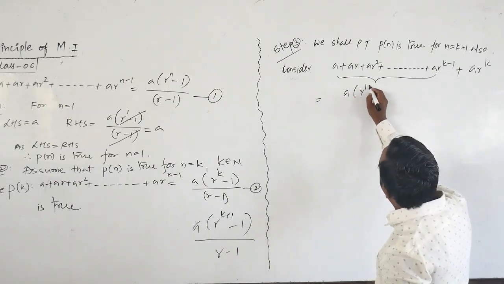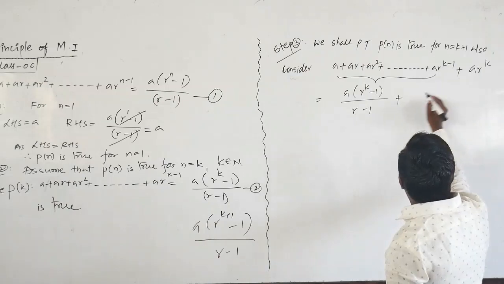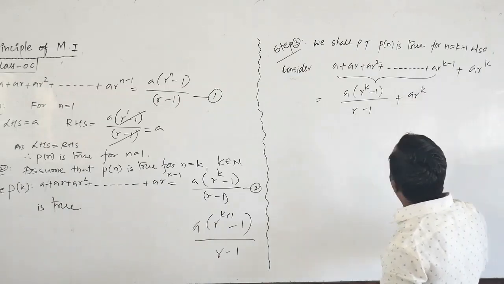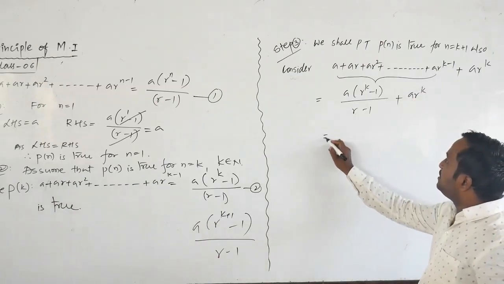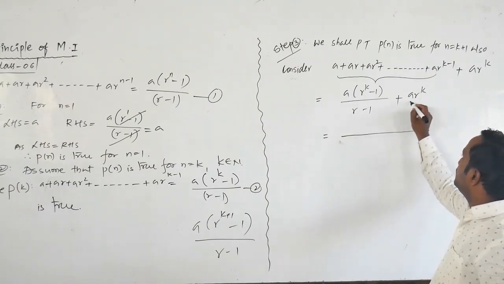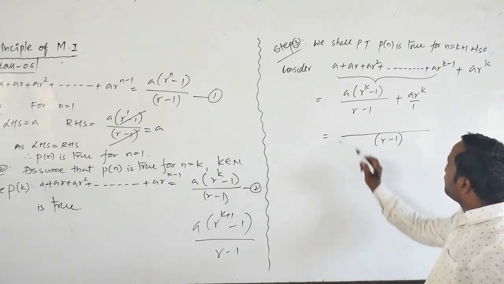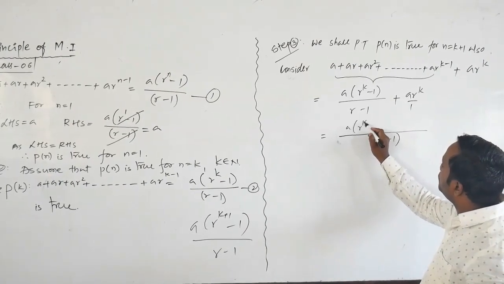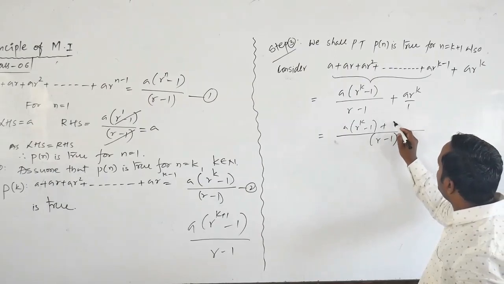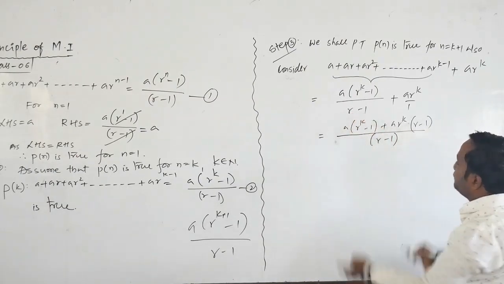A into R raised to k minus 1 by R minus 1 plus A into R raised to k. Take the LCM, which is R minus 1. So A into R raised to k minus 1 plus A into R raised to k into bracket R minus 1.